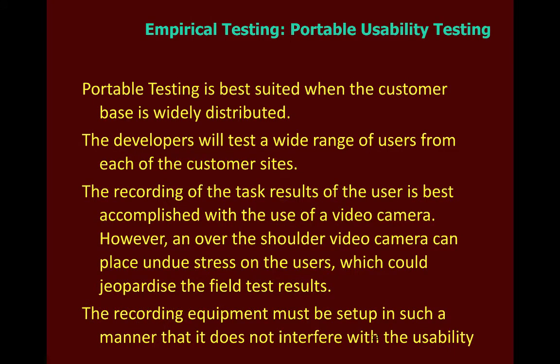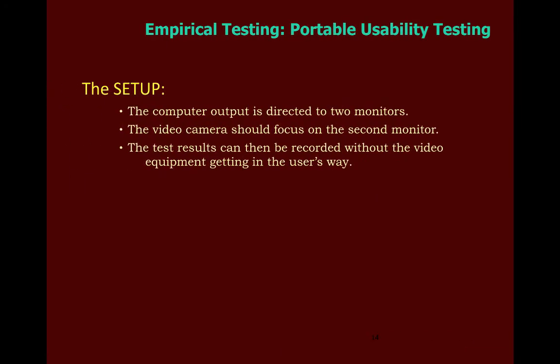You have to set up the equipment in such a way that is pretty natural, right, as they are interacting with the system. You might also have two monitors. One is the monitor that the actual user is looking at. Another monitor is for the developer, looking at the same thing that the user is looking at, but able to tell, for instance, if the user is having trouble with the system and so on.